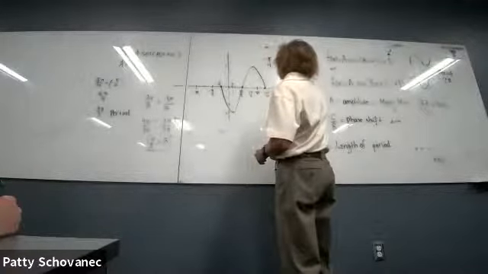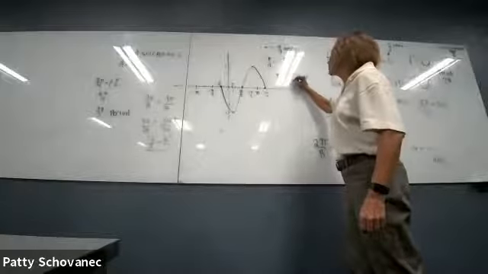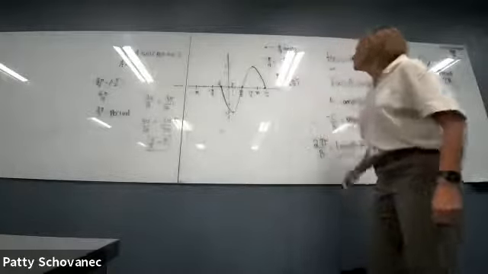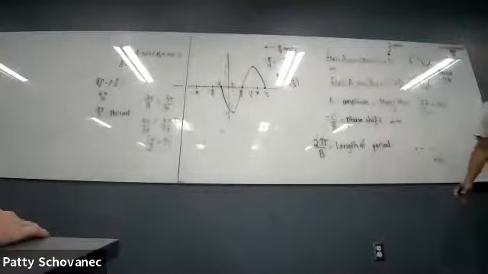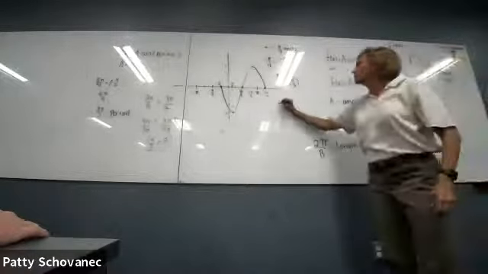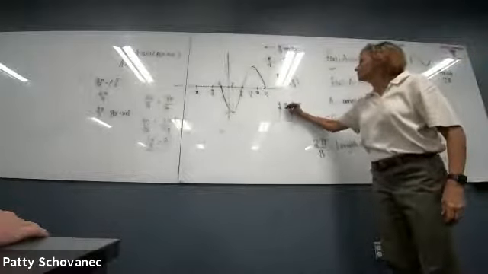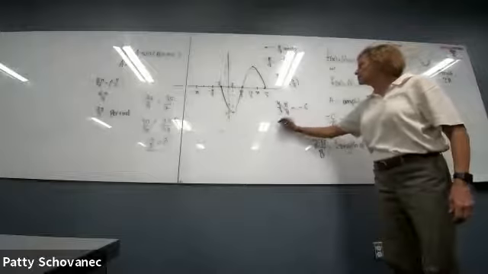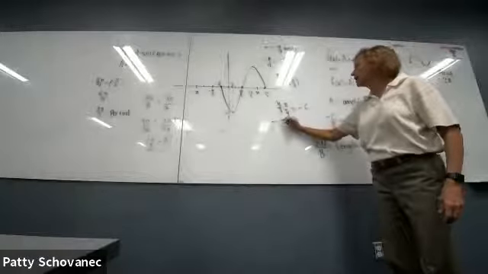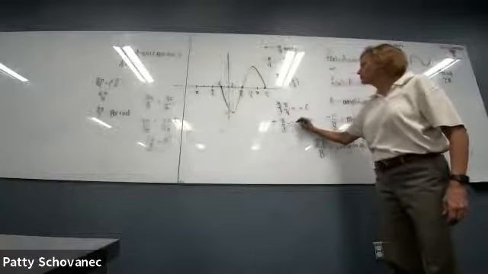Cancel the two negatives. So you have pi over 4 is C divided by 4/3. Let's multiply both sides by 4/3. Fours will cancel. C is pi/3.